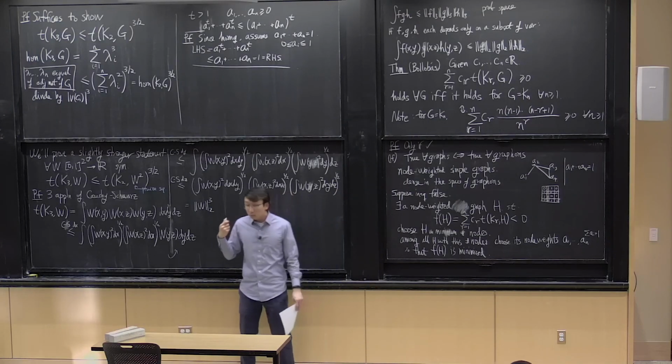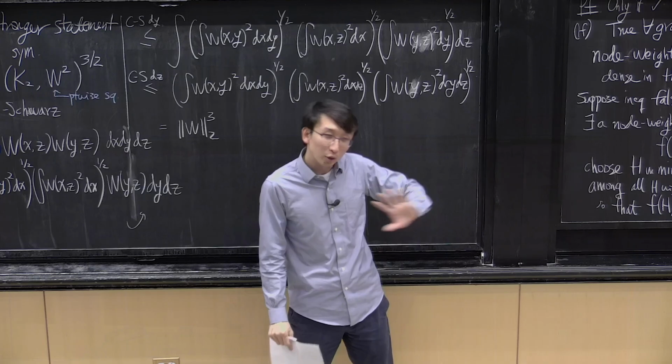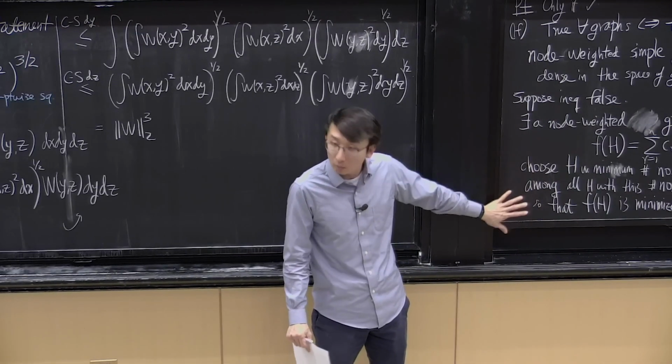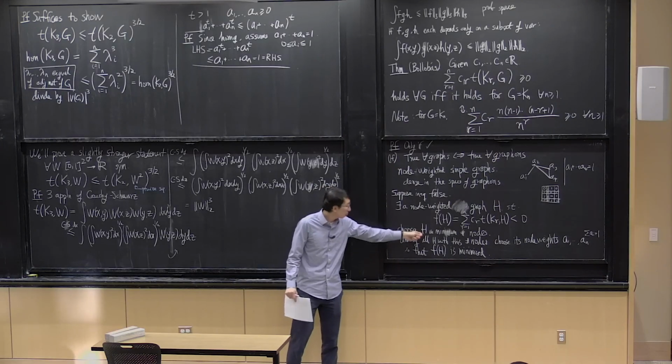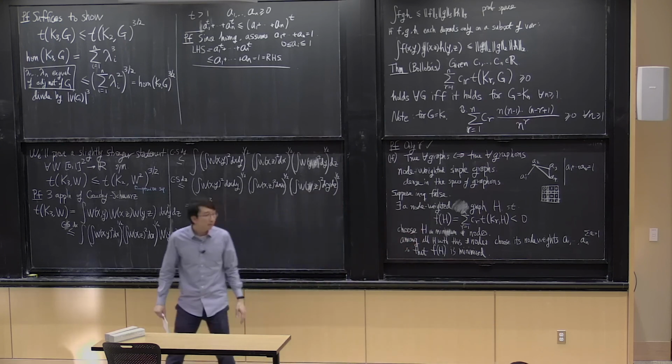And by compactness, you have a finite number of parameters and it's a continuous function, so there exists such an H for which the minimum is achieved. This is minimizing over integers, and here minimizing over a finite set of bounded real numbers.